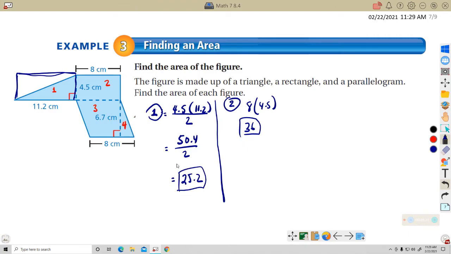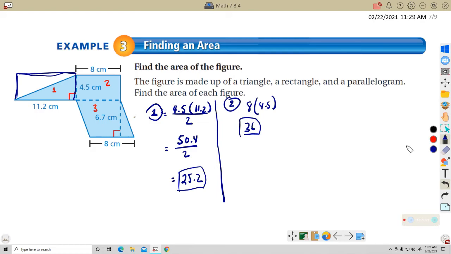Now I might have made a mistake when I said this is going to be 3 and 4, because this isn't a regular thing. So I'm going to get rid of area 4, and I'm going to treat this whole thing as a trapezoid. The whole thing about this trapezoid is I can just take this base times this, which we call a height in this case. So these are bases and these we call height.